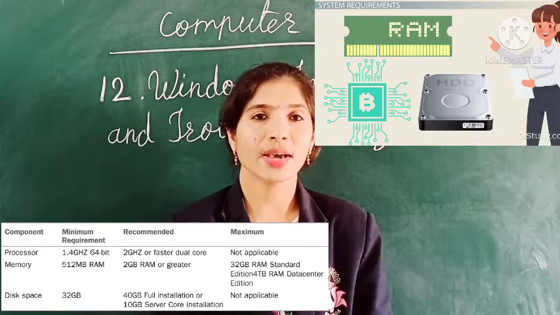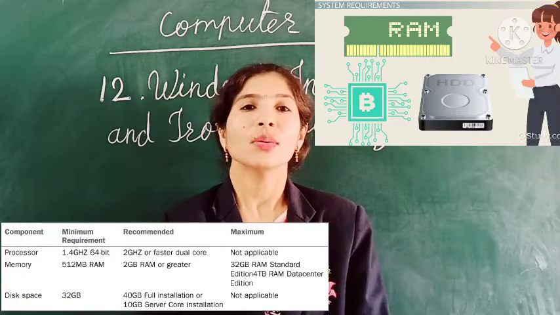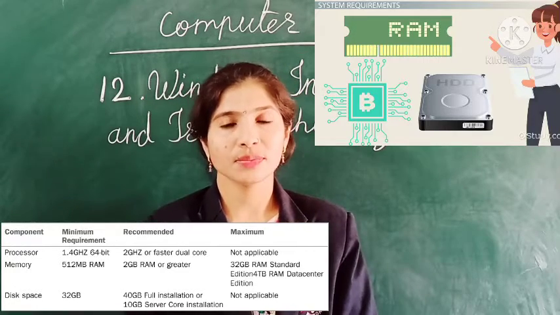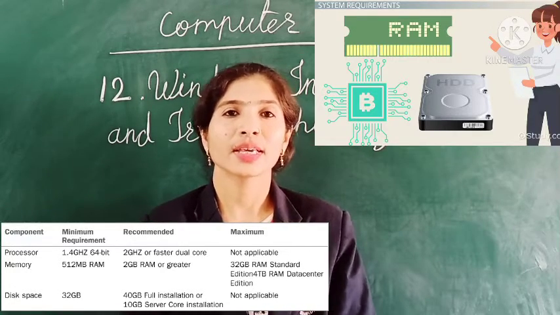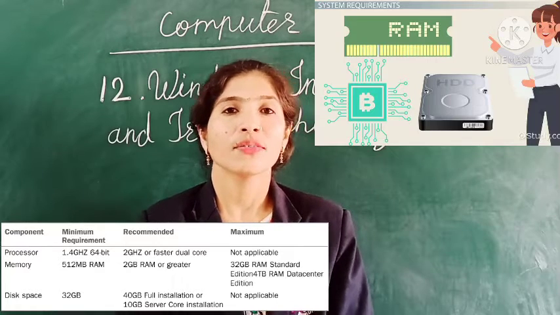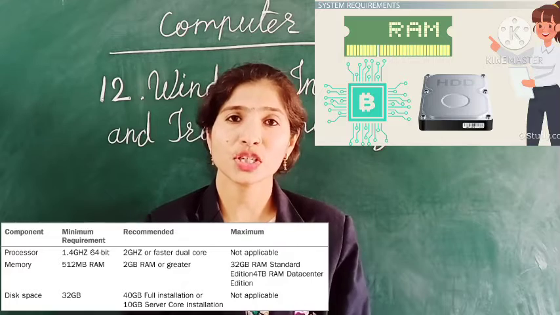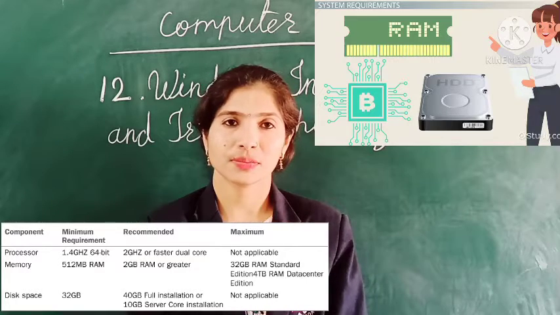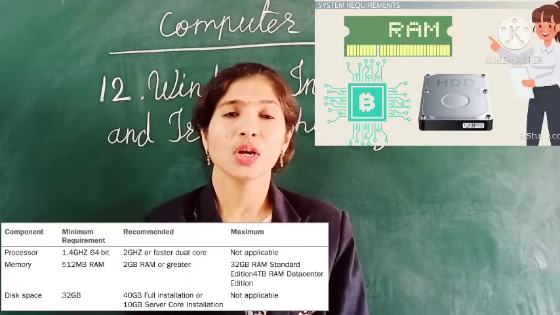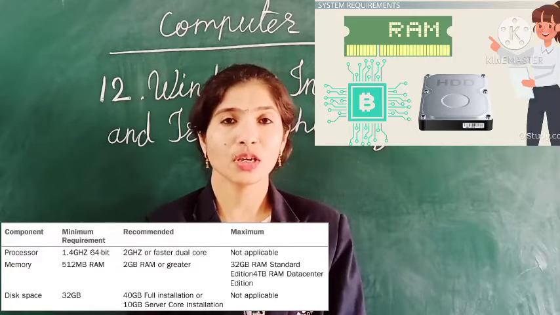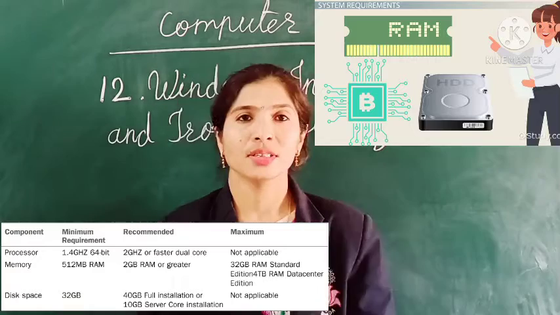Windows 7 requires the minimum configuration: processor 1 GHz or faster, 32-bit or 64-bit processor, RAM 1 GB for 32-bit or 2 GB for 64-bit.